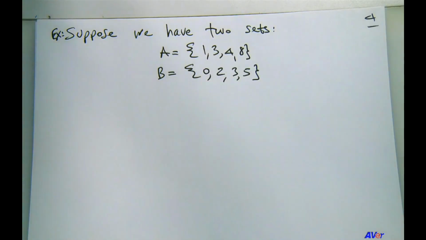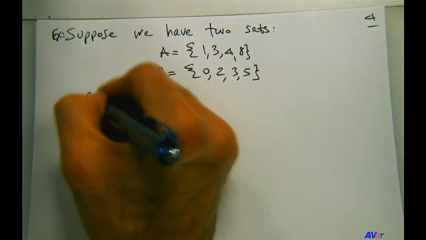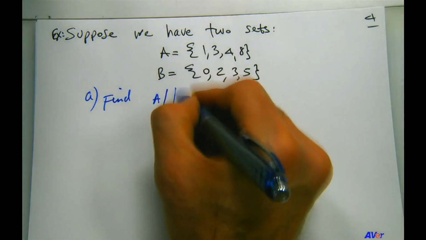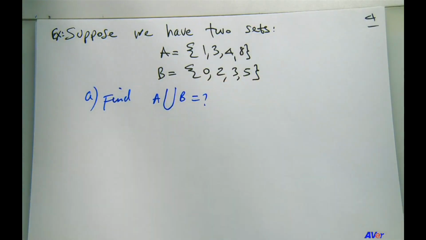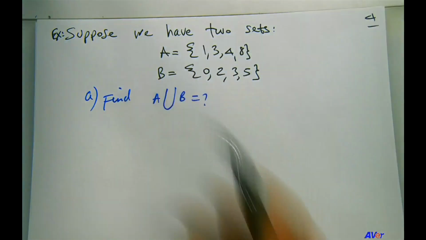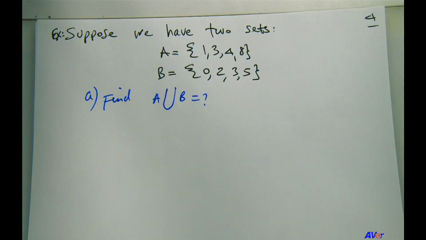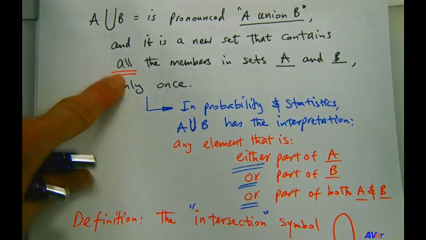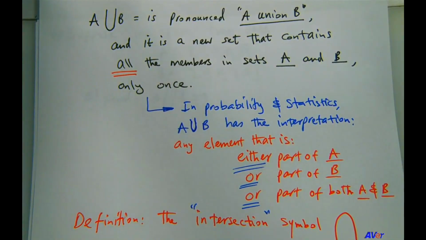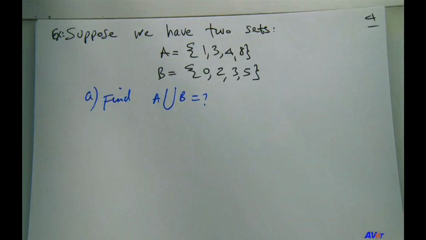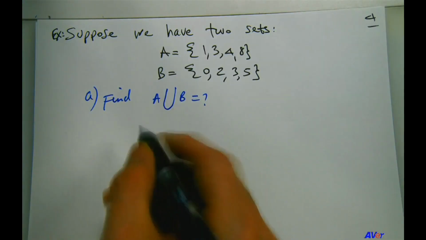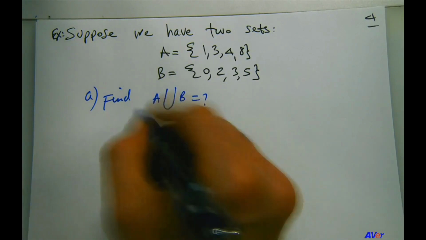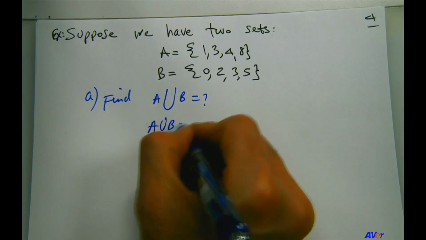Right? We define these two sets. Then, part A, we're asked to find A union B. Okay, that's what they're asking us. So A union B, let's remind ourselves, that's everything in both sets, right? All the members in sets A and B only once. Okay? So that would be A union B.